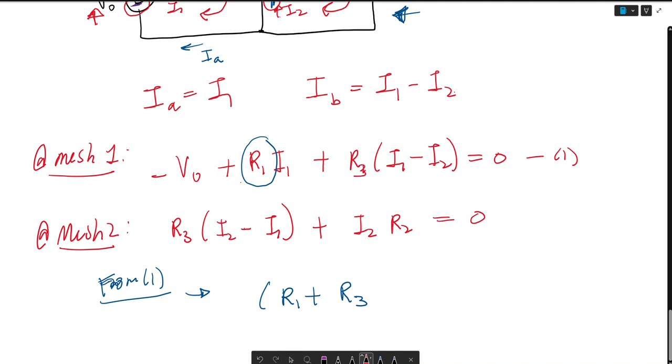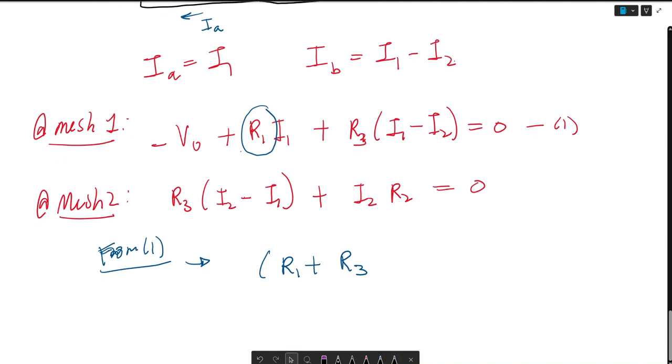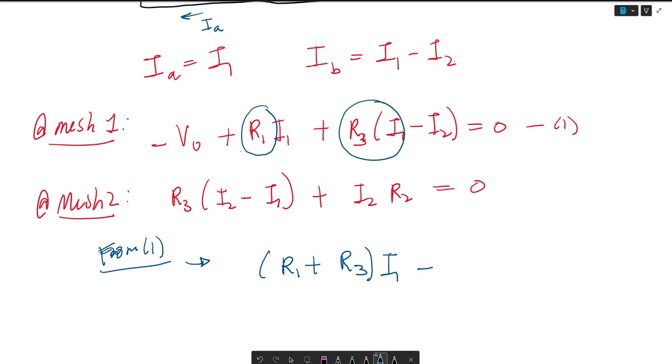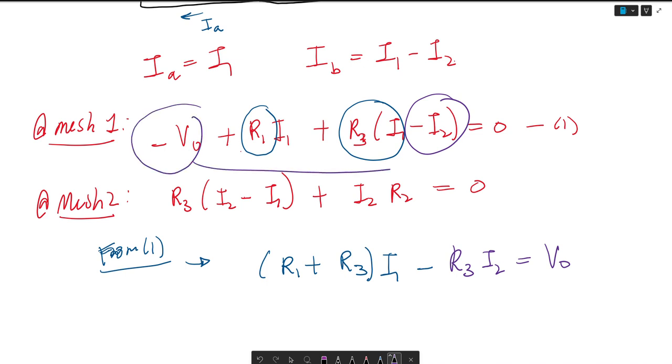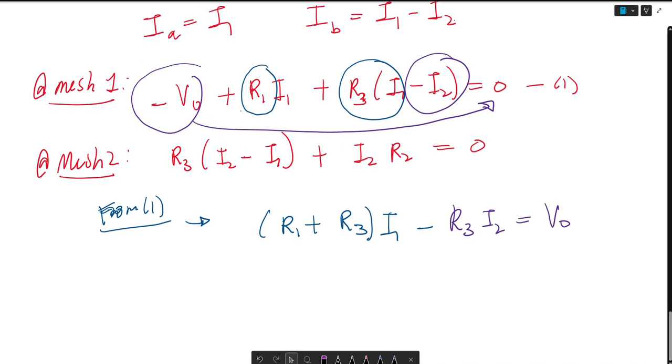This should be R3 plus R3 times I1 minus, so this is this one. So for I2, it's a minus I2, or let me write the R3 first. I2 is equals to VO. I'm just moving this to the other side.